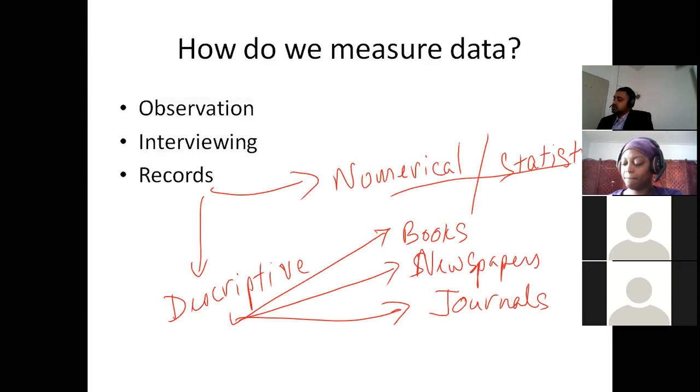Numerical statistical records would be stuff that you can get from StatsCan or your city records.